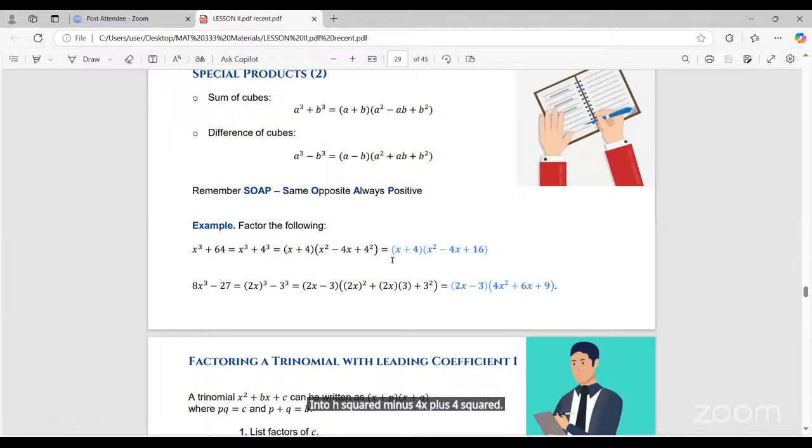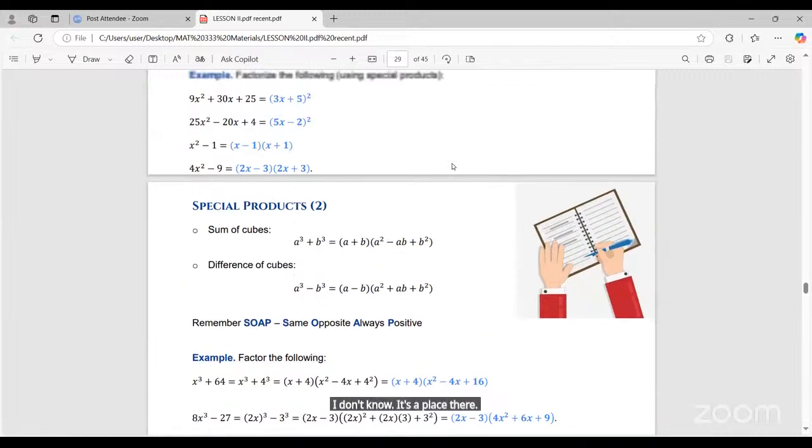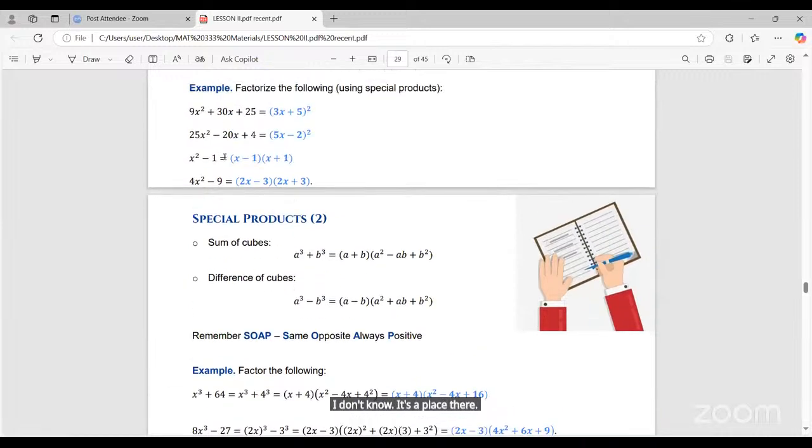Sorry, ma, please, can you explain this SOAP? Same, opposite, always positive. We remember SOAP, we use this to look at the signs when expanding. If you have a difference of cubes, you have same, opposite, and you always have it as positive.